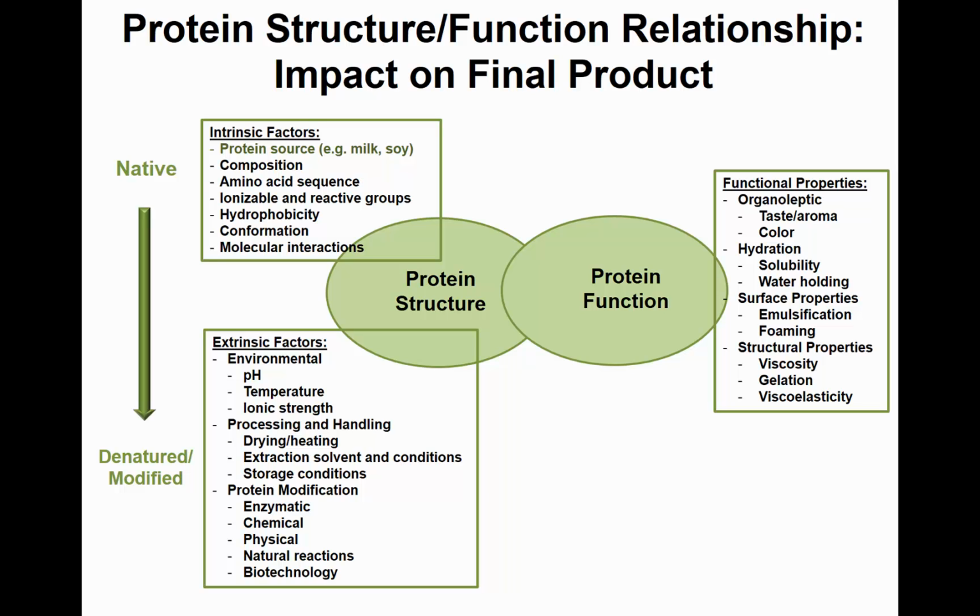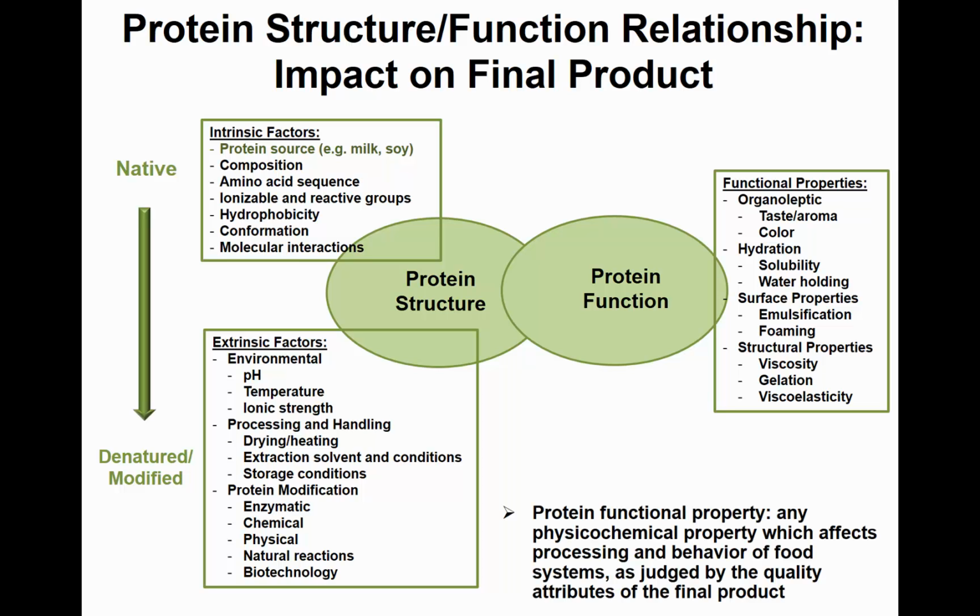We denature it a little bit, open up the structure, we expose more hydrophobic groups, then the emulsification capacity is enhanced. Caseins are natural emulsifiers, we call them, because they already have an open structure and an excellent balance of hydrophobic to hydrophilic. So sometimes you want to impart this change to improve a certain functionality, sometimes you do not want to, you want to avoid a change.